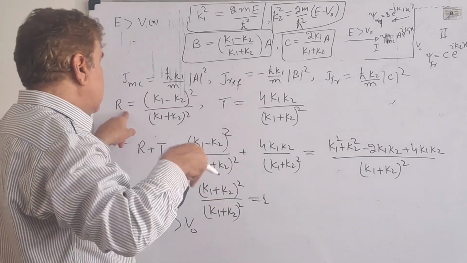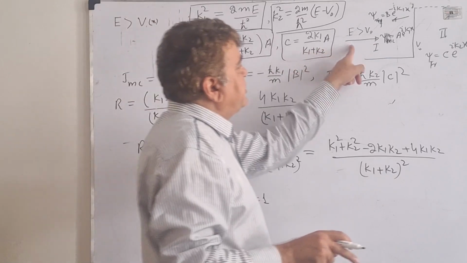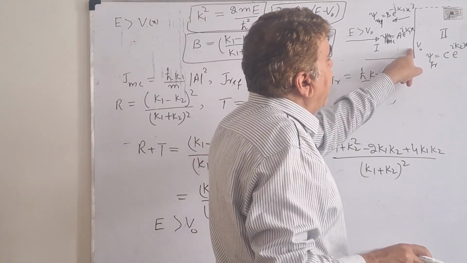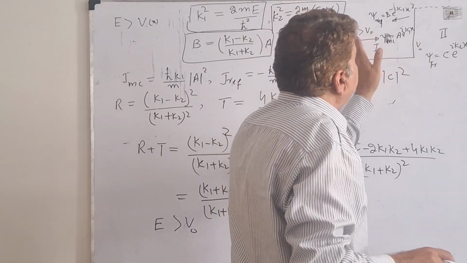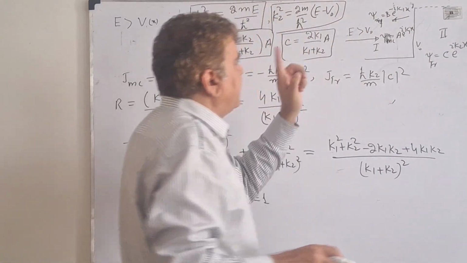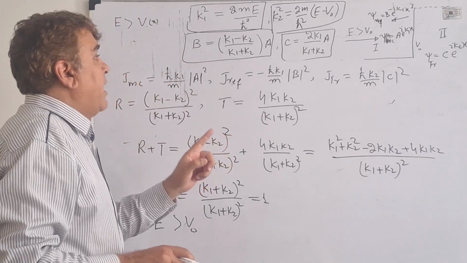And from the concept of classical mechanics, if the incident energy is greater than the height of the potential, then there will be no reflection. The particle will transmit into the second region. That is the classical approach.